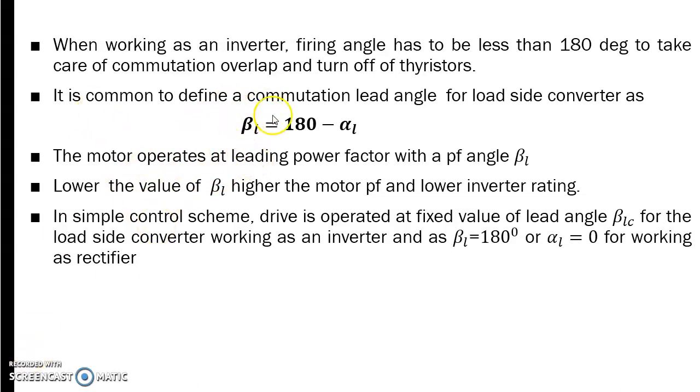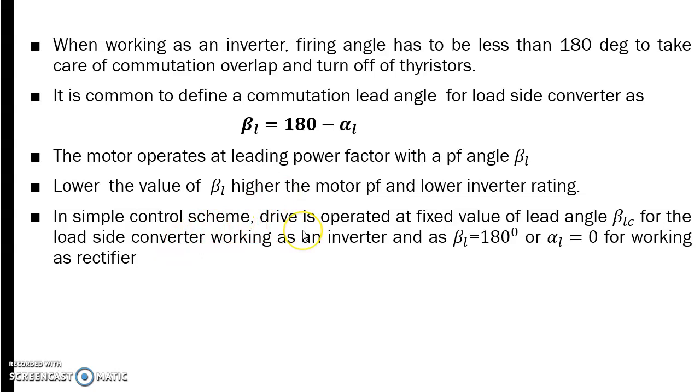So now if we are defining a commutation lead angle, the power factor becomes cos beta L. The motor operates at a leading power factor with a power factor angle beta L. So a lower value of beta L means a higher motor power factor and a lower inverter rating is required. So our aim is to make this value lower. If you are increasing this value, this will become lower. Hence the power factor can be increased.